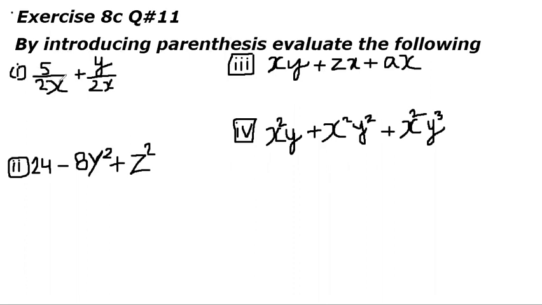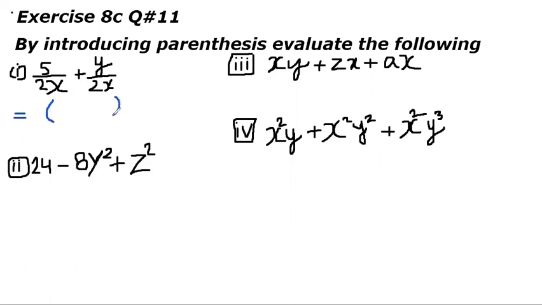5 upon 2x plus y upon 2x. You can see both of these are fractions and the denominators are the same. When the denominators are the same, those fractions are called like fractions, and we can add or subtract like fractions. Now you can see this is a positive sign, and we have to introduce the parentheses also.